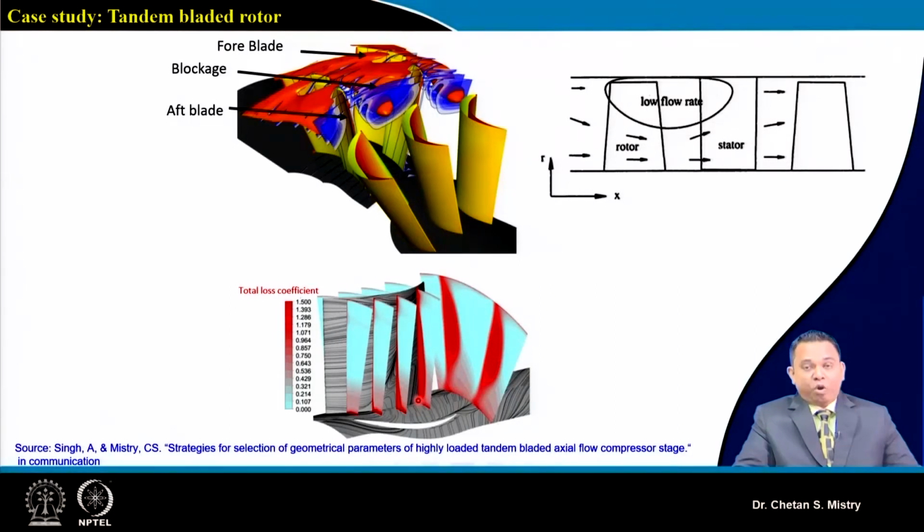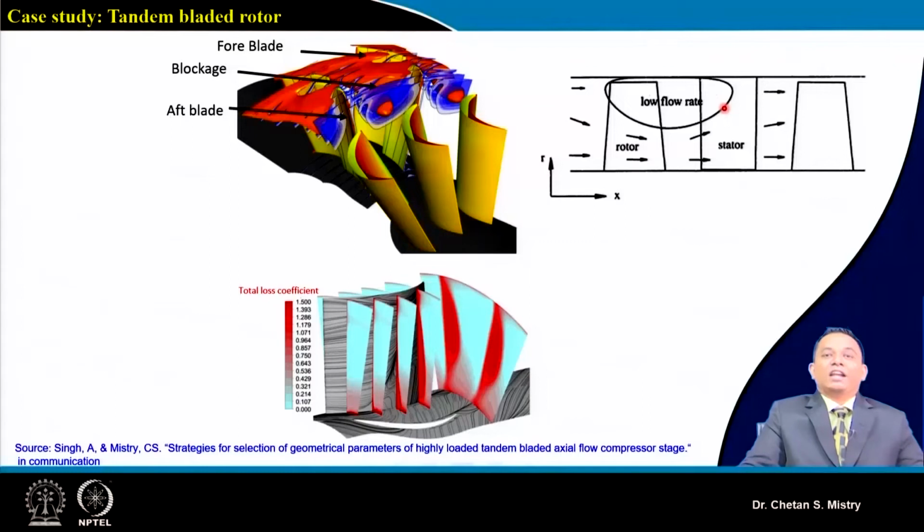Let me put one important point here: in a conventional stator and rotor combination, only one wake comes out from my rotor blade and strikes the stator. Now for this tandem bladed configuration, there are two wakes, one from the fore blade and one from the aft blade, and they both strike the stator. So that makes the design of the stator very challenging.